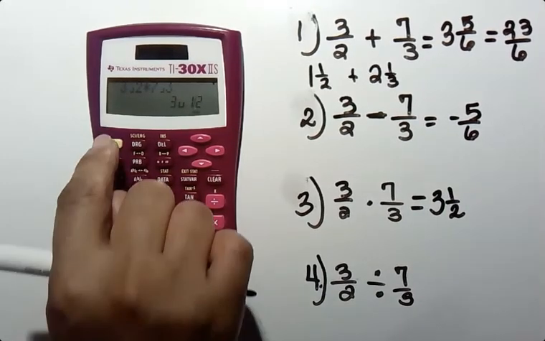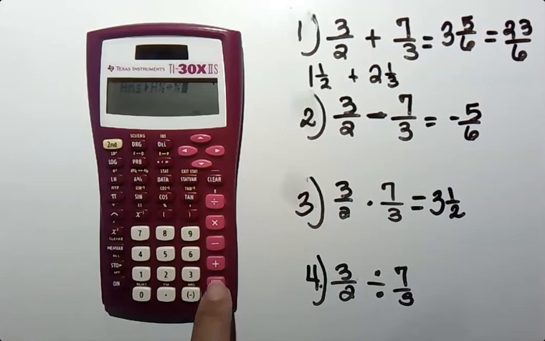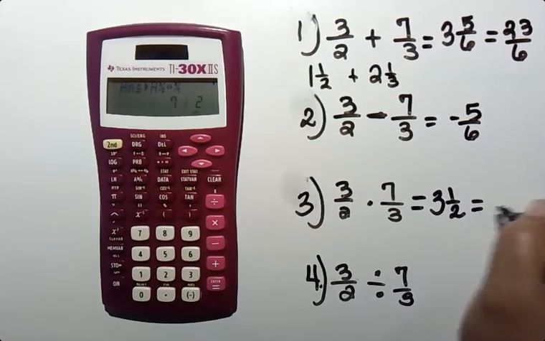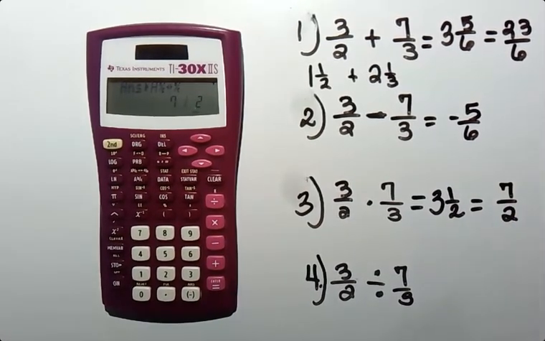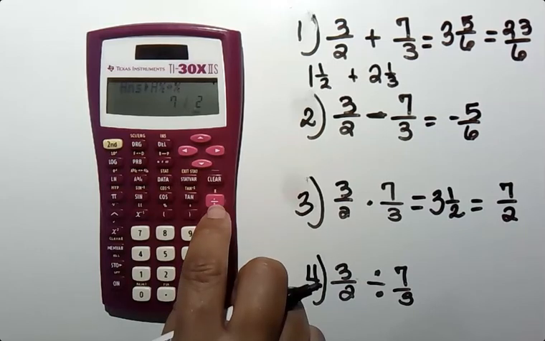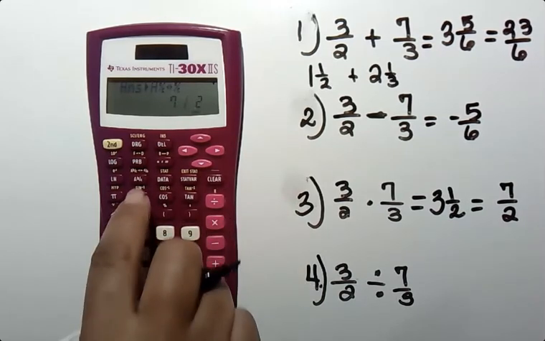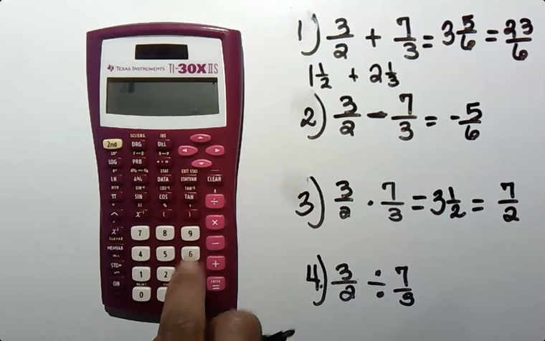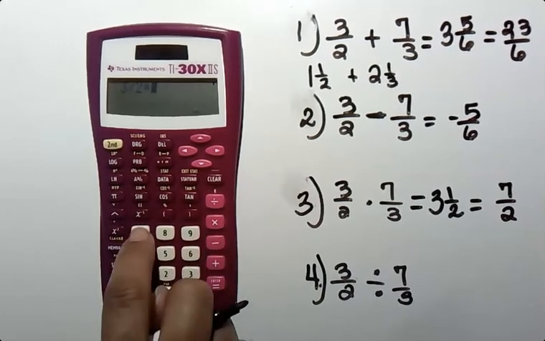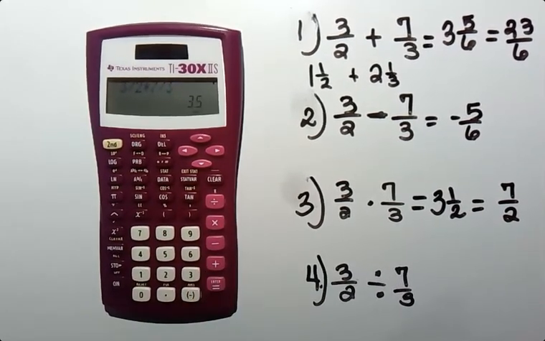I use second ABC, and it switches it out to the improper fraction. If I want the decimal, again, I use the divide by instead of the ABC button. So 3 divided by 2 times 7 divided by 3 will give it to me in the decimal format.